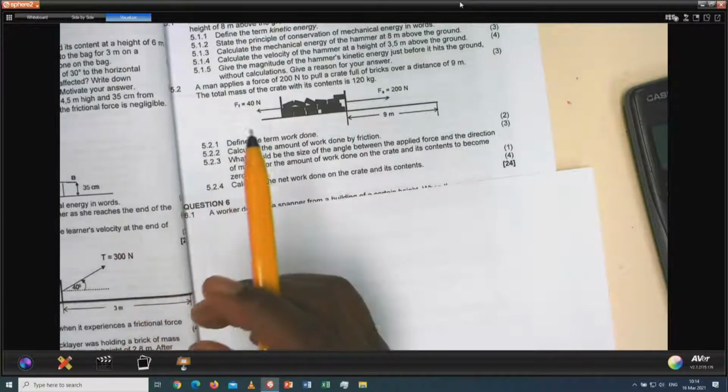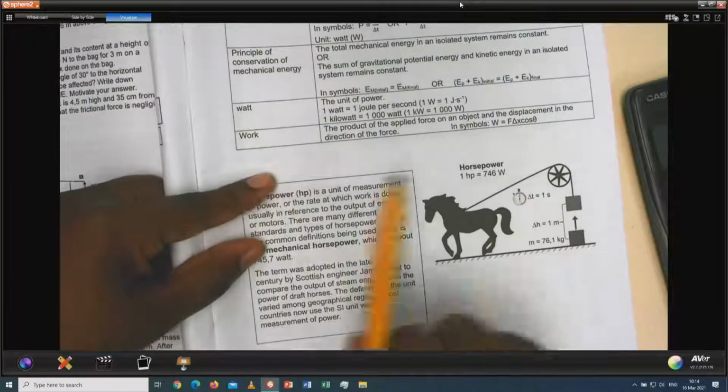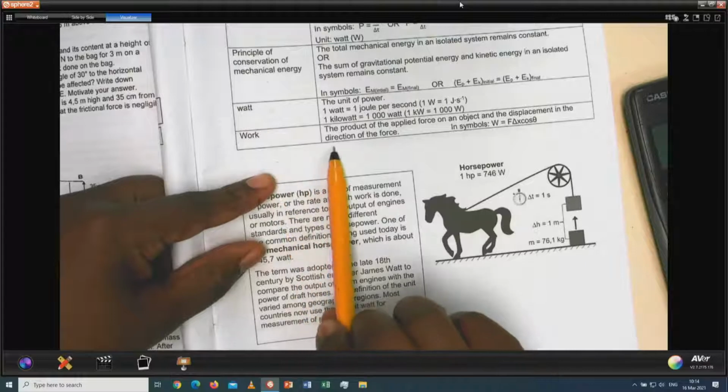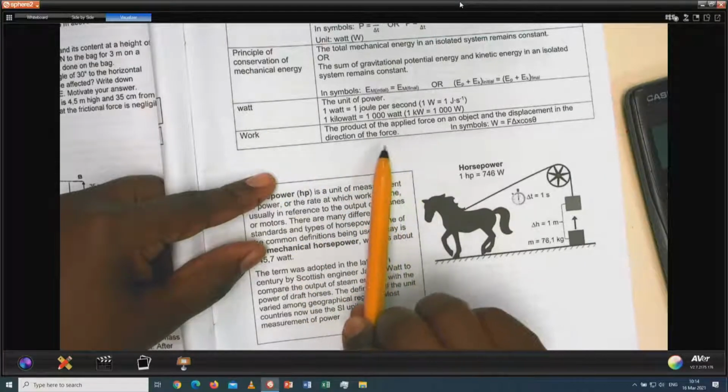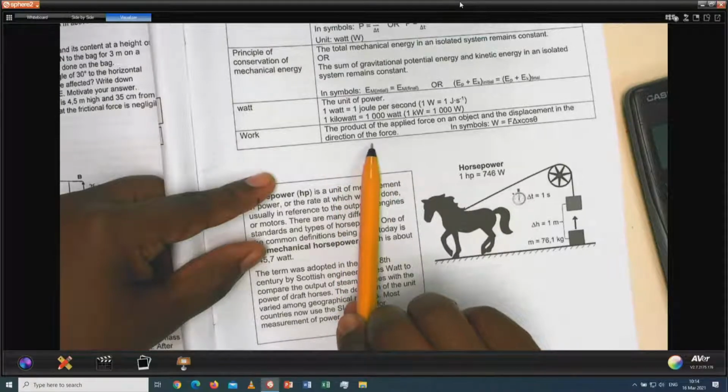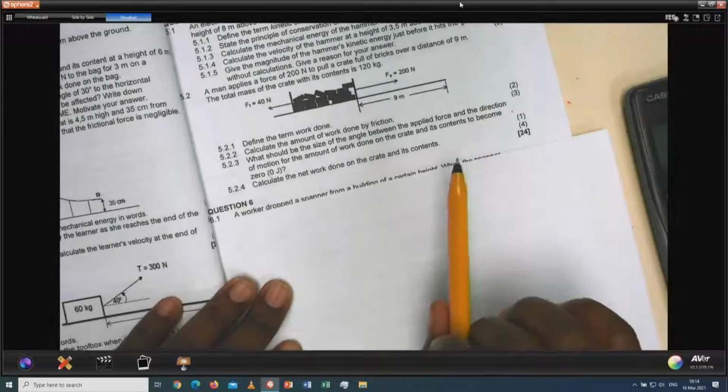Again, when you define work done, you must use your exam guideline, which says it's the product of the applied force on an object and the displacement in the direction of the force. Now, you get your 2 marks.